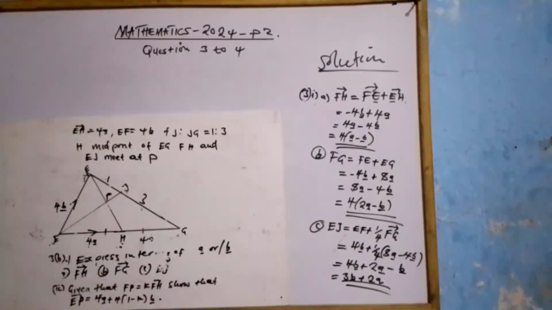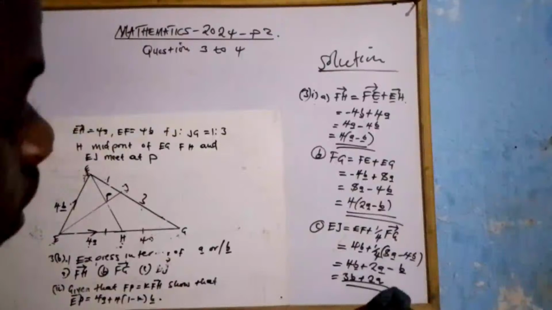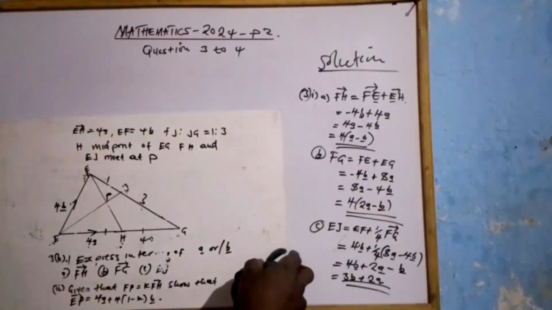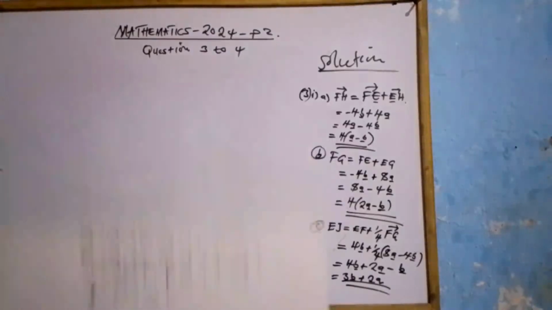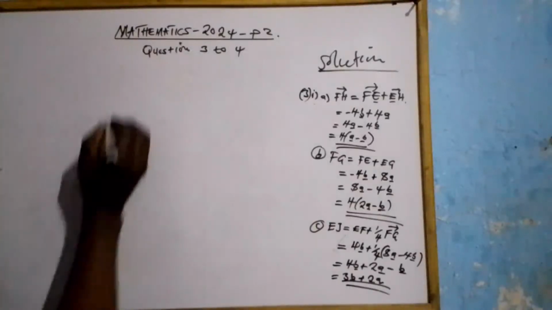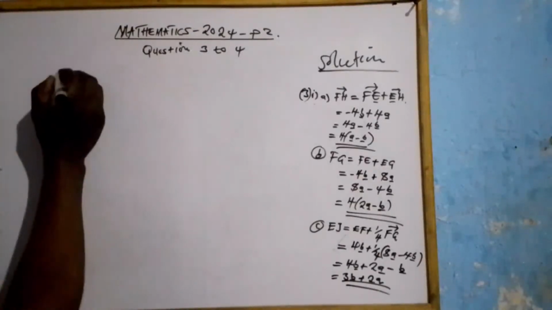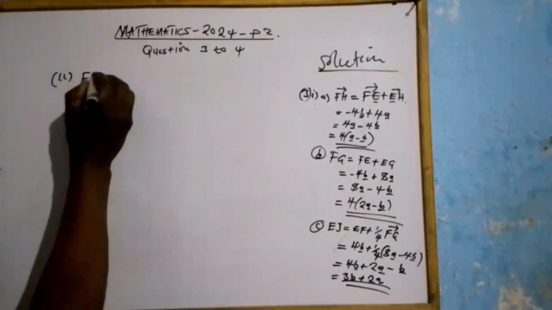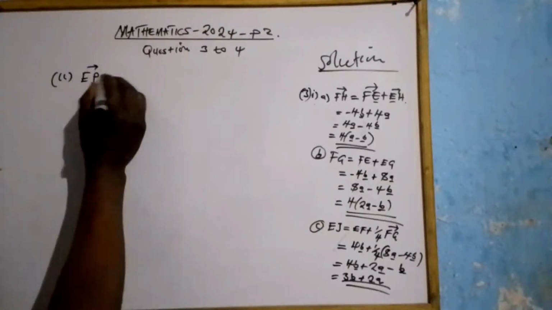Okay, so from this we can just put this one back, and we have to show that, this is the Roman numeral 2. We are showing vector EP.